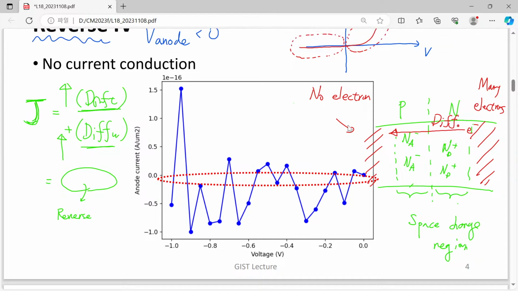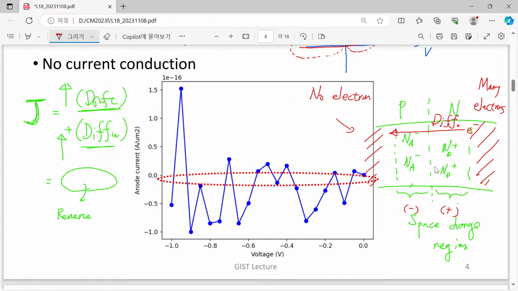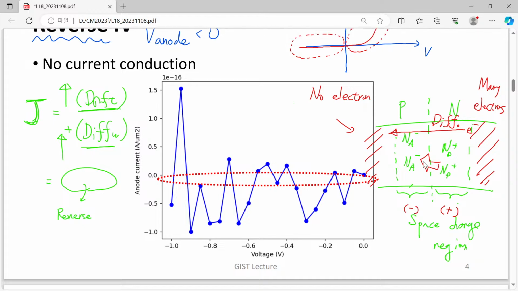However, since in this part we have net positive charge, and here we have net negative charge, the electric field inside this PN junction is heading in this way. This is not flux, but the direction of our electric field. Electric field comes from positive charge and ends at negative charge.